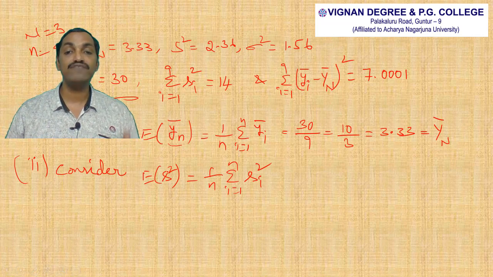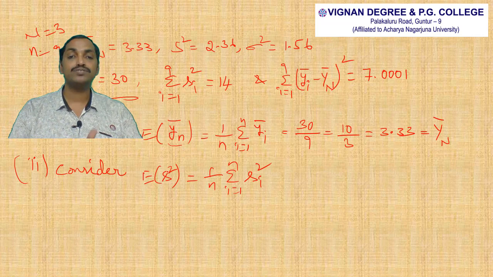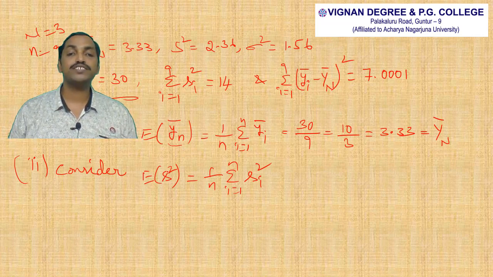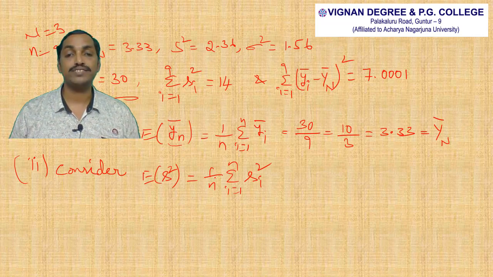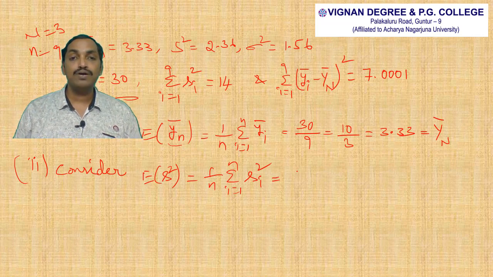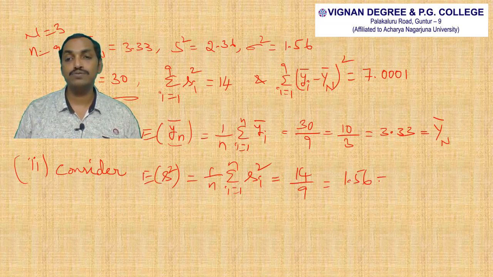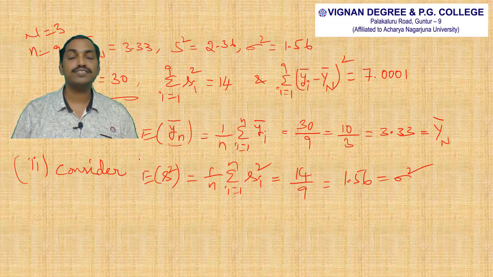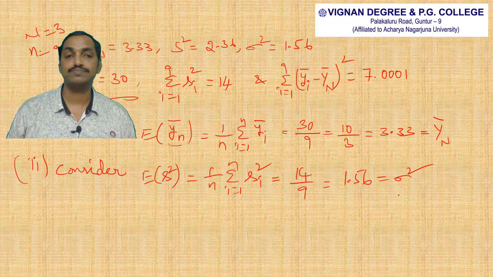We have 9 different samples, and for each sample we calculated the sample mean square. So the expectation of s square means the average of all those sample mean squares. That is 1 by n into summation i is equal to 1 to n si square, which is equal to 14 divided by 9, which gives me 1.56, which is equal to sigma square. Therefore, the sample mean square is an unbiased estimator of population variance.